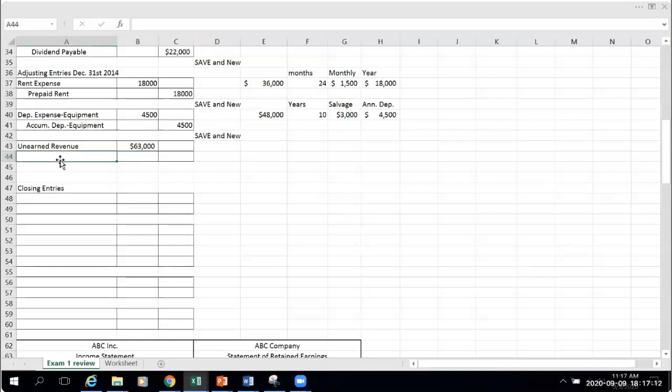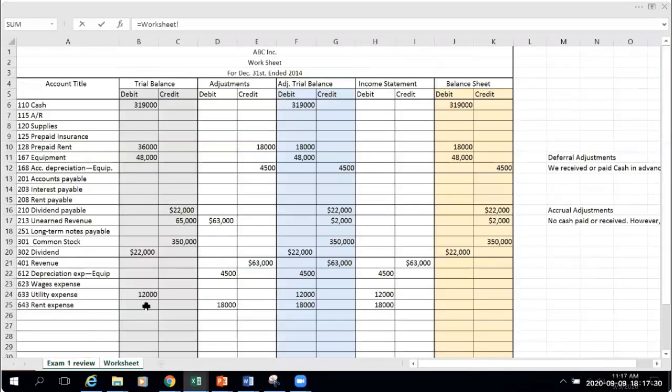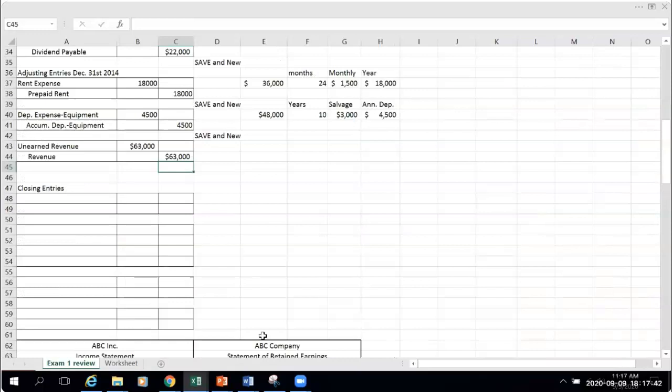And this one is, let's put some indent, revenue, and it's a credit, equals to, go to worksheet, and that will be a credit of $63,000. Enter. Cool?